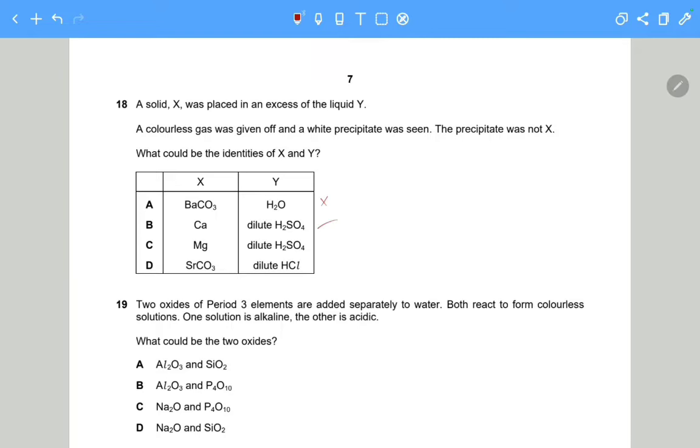Magnesium and dilute H2SO4. MgSO4 forms and it dissolves, so we don't see any precipitate, so this cannot be the answer. Strontium carbonate and dilute HCl. This will react to give strontium chloride, which is very soluble. All chlorides are soluble, apart from silver chloride. So this will also not be the correct answer because we won't see any precipitate, and therefore B is the answer.